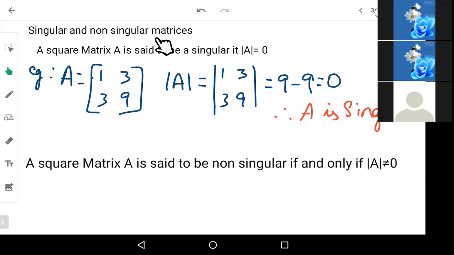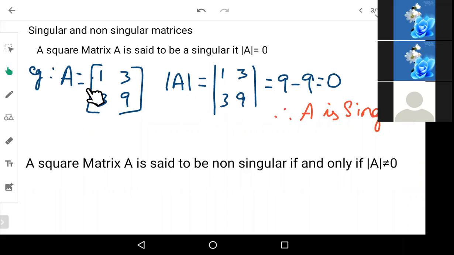A singular matrix is such that when the value of the determinant of that matrix is 0, that is called a singular matrix.